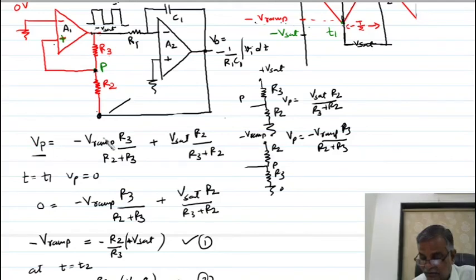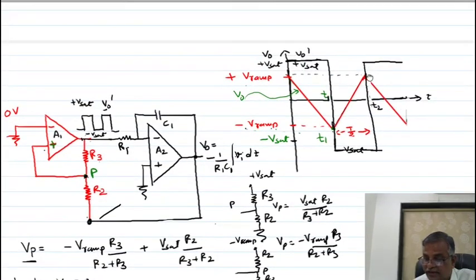So at time t1, the potential at this point is nothing but 0, slightly near to 0, so I have written 0. From this I get the value of minus V ramp. This value I got. Now I want to get the value of plus V ramp.